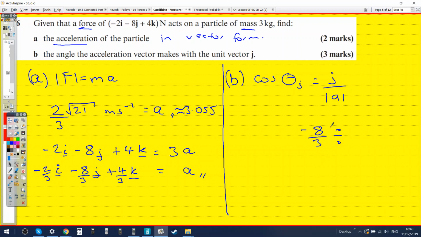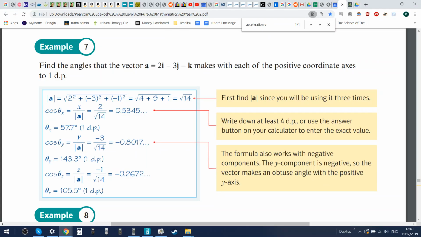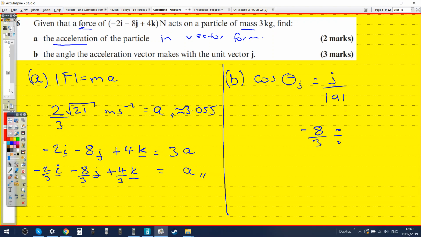Magnitude of the acceleration vector. We already found the magnitude on this, 2 root 21 over 3. So where did their root 14 come from? So that's just of a. So I think it might be just 2 root 21 and not over 3.